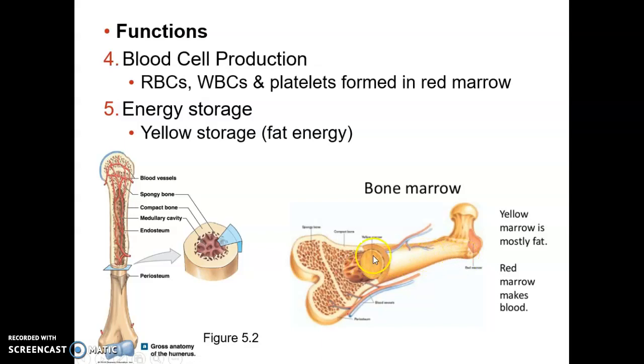So within long bones, there's often a space, a medullary cavity, that is used for storage of fat, which is called yellow marrow. And how much fat energy storage we have will be mirrored by how much yellow bone marrow we have within our long bones.